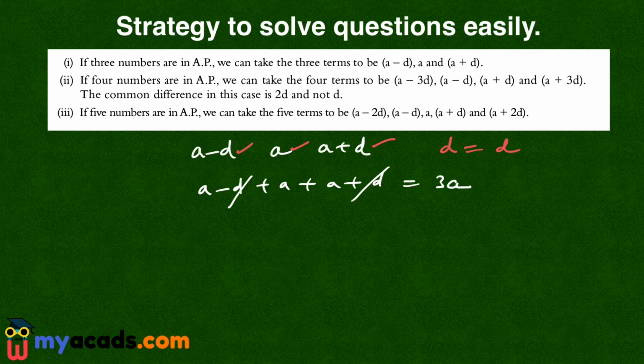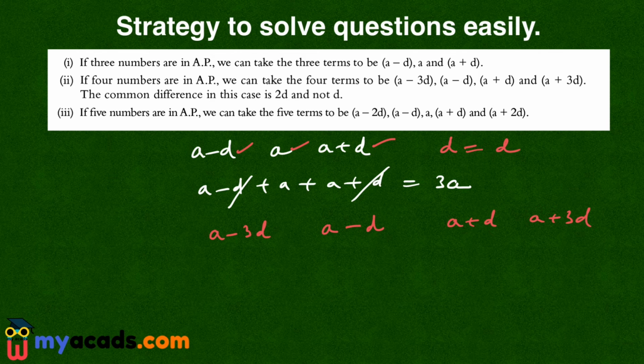Now if a question says that there are 4 numbers which are in AP, then I should take them as a minus 3d, a minus d, a plus d, a plus 3d.